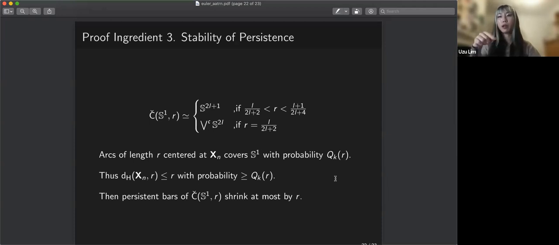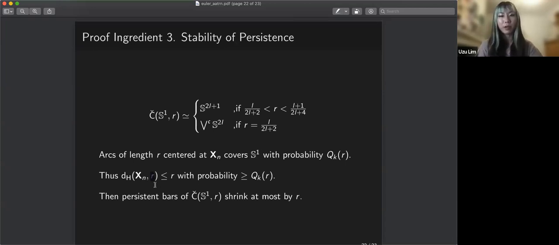I think there might be an r/2 sort of issue lurking here somewhere, but for the sake of exposition, let's ignore it for now. The point is that the Hausdorff distance between the random sample and your circle will be small, within r.